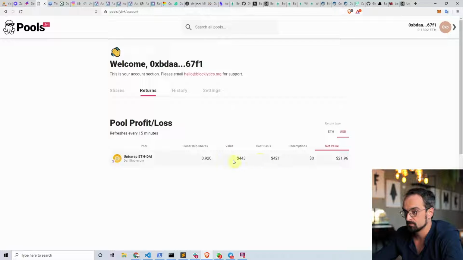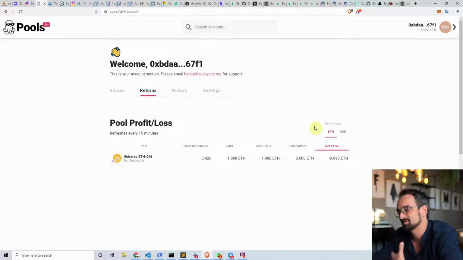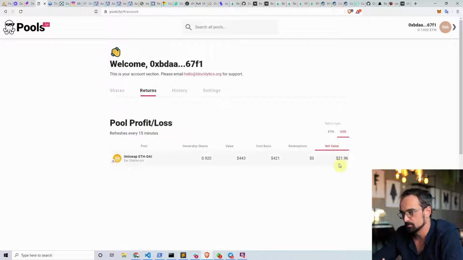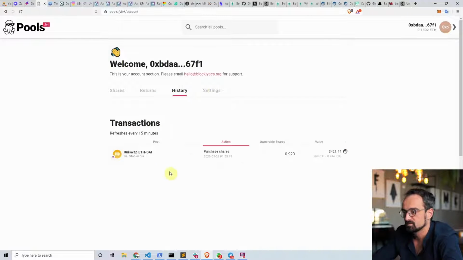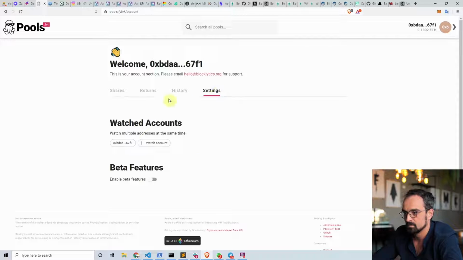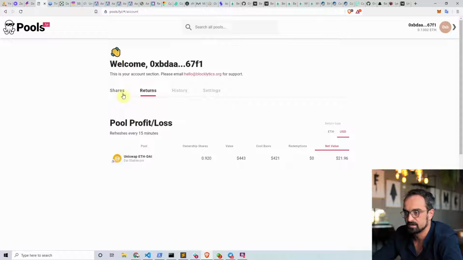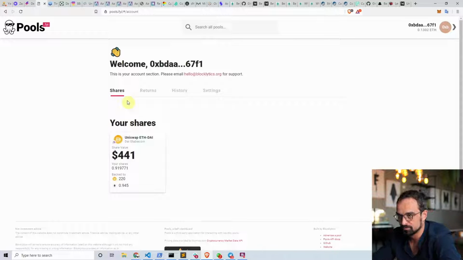So you see net value. Against ETH, it's a little bit of a loss for this pool because ETH shot up so much. It would actually be better if I just was holding ETH than this pool. The USD value, I gained $21 over a time span. You can see the different history. I purchased this pool for a certain amount, and we can track all the different performance on Pools FI.